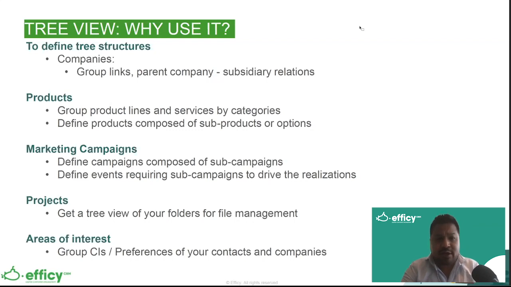Why did we implement it? It gives you a way to view different kinds of entities in a more structured way. For instance, if you have a mother company and little subsidiaries, you can easily see which belong to which and in what relation.